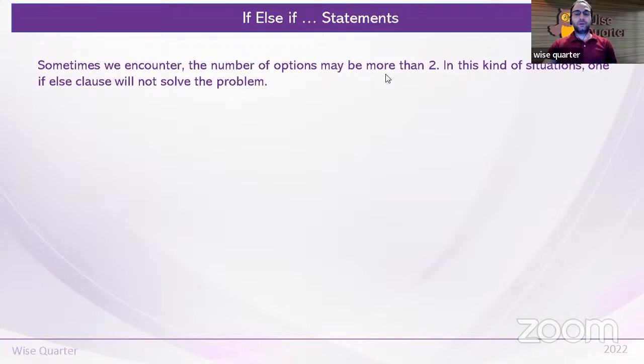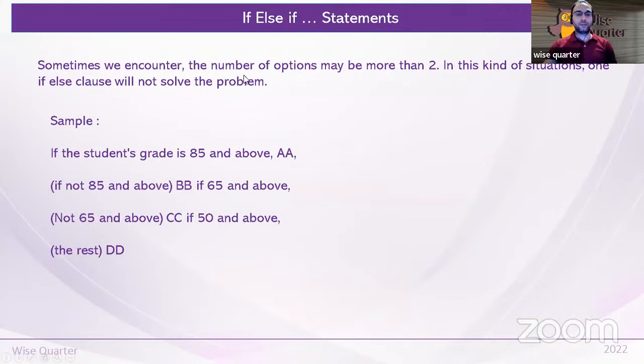Sometimes options may be more than one. Perhaps there are 2 options or more than 2. In this kind of situation, one if-else statement will not solve the problem. For example, let's try to understand this question. A student has a mark or grade, whatever you say.